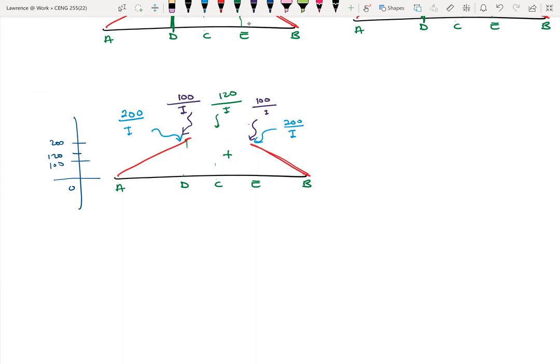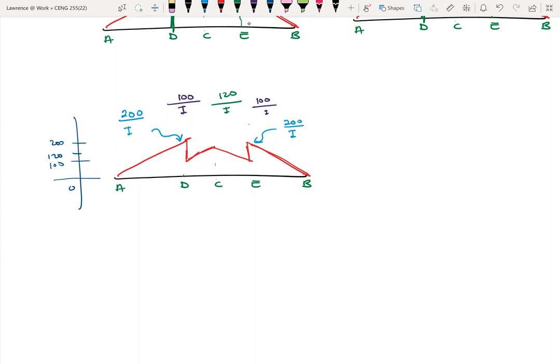Let me take this one off a little bit so that there's going to be a drop to 100, and this will come to 120 somewhere here. So there'll be a drop like that, and then this becomes the new shape. So your actual M over EI diagram becomes this.